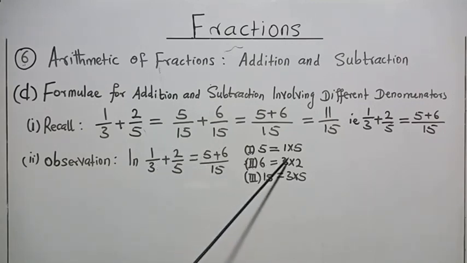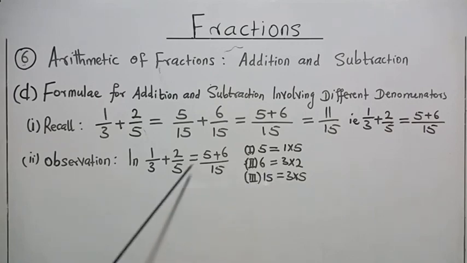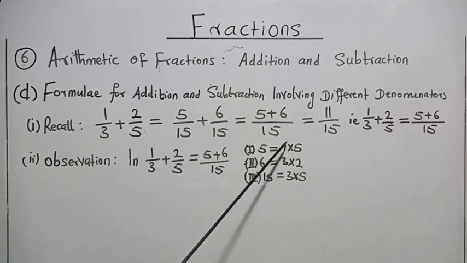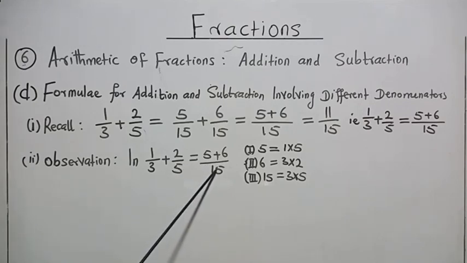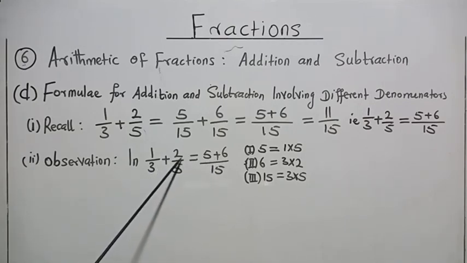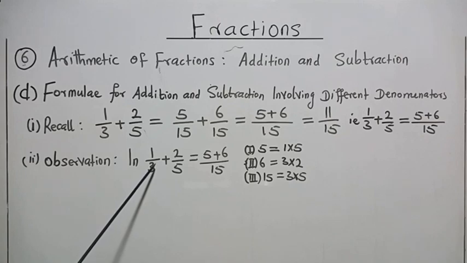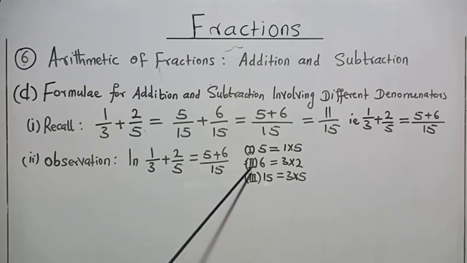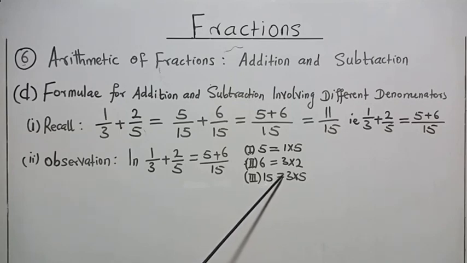That is 3 times 2, while 5 was gotten by saying 1 times 5. What about this 15? It is as if it was gotten from this operation by saying 3 times 5. That is, this 15 is equal to 3 times 5. Is this a coincidence?